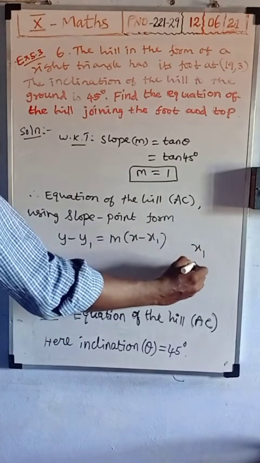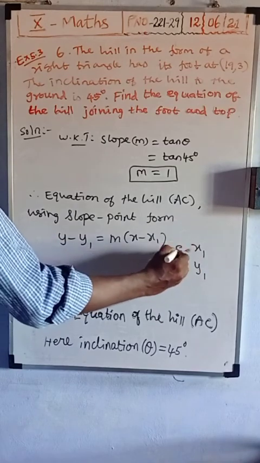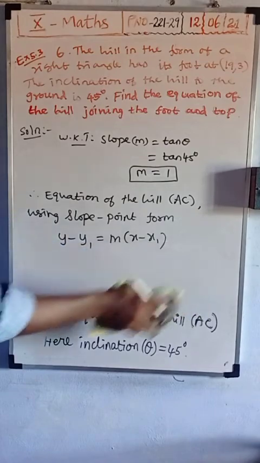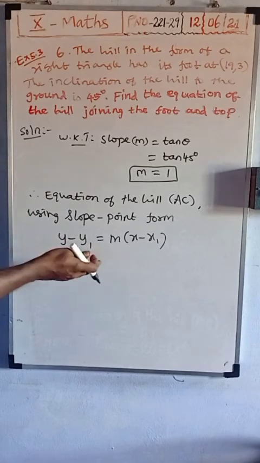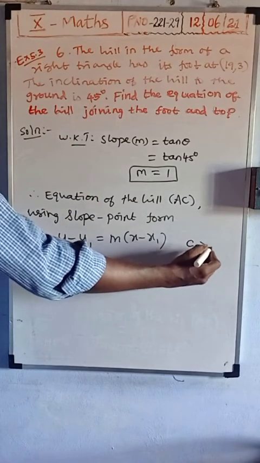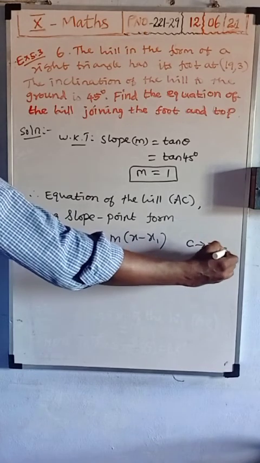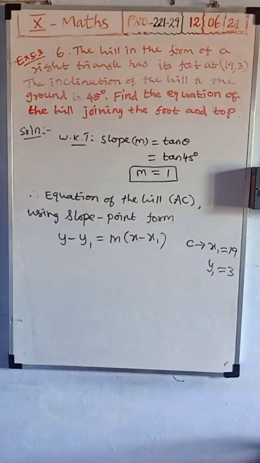So here x1 and y1 is, what does that mean? The C point is x1, y1, because only the AC equation is asked. We can apply this formula with any one point, either A or C. Here the C point is given. What is the C point? 19 and 3.